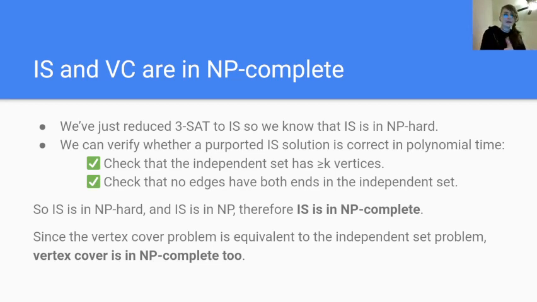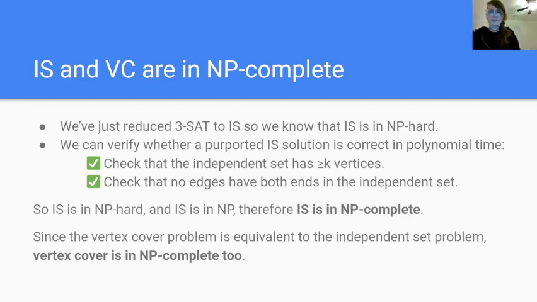The way that we do that is you just check whether the independent set has greater than or equal to k vertices. That's criteria number 1. And check that no edges have both ends of the edge in the independent set, which is the definition of an independent set. We check that, we're done. So that just takes linear work in the number of edges and in the number of vertices to count them.